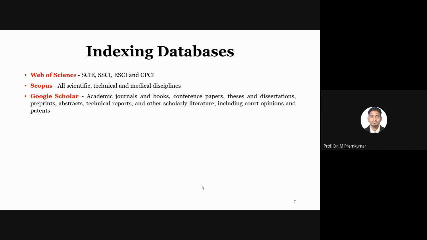If your paper is indexed by SCI or SSCI, then I can surely say that your papers are quality papers. Suppose if your paper is indexed by ESCI, okay, then obviously see that ESCI is the first step to get the SCI indexing. So obviously the quality may not be equal to SCI, but it is also acceptable. The next one is a conference proceeding.